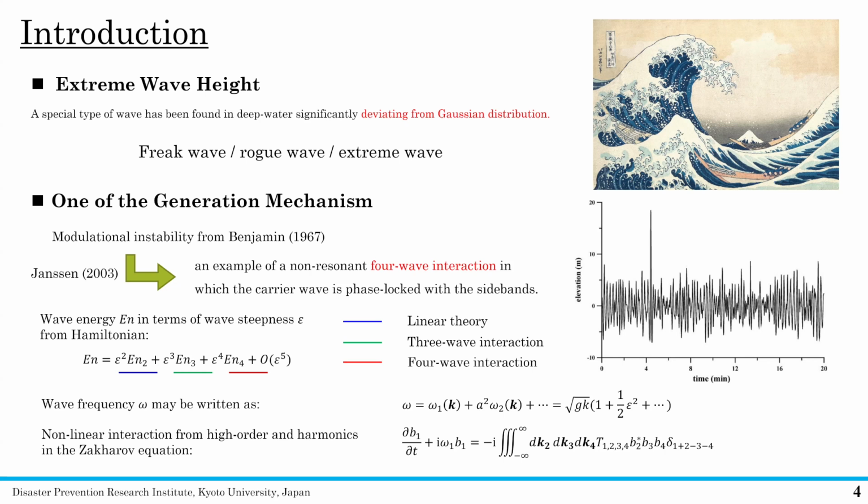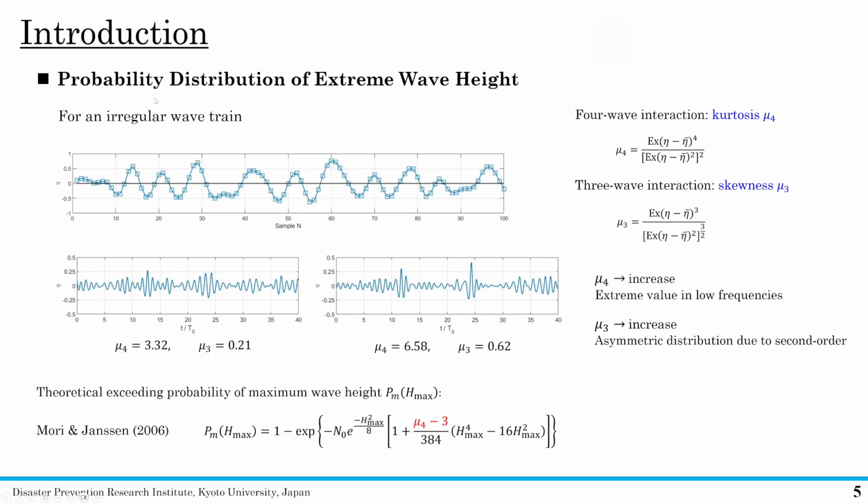Now I want to briefly introduce how we estimate the probability distribution of the extreme wave height. For example, if there is an irregular wave train, and that is the surface elevation, there are two important indices: kurtosis and skewness. These are the fourth and third moments of the statistical parameters of the wave surface.